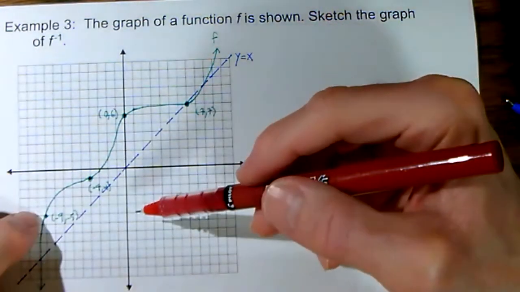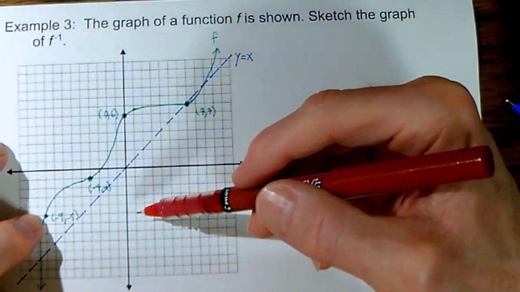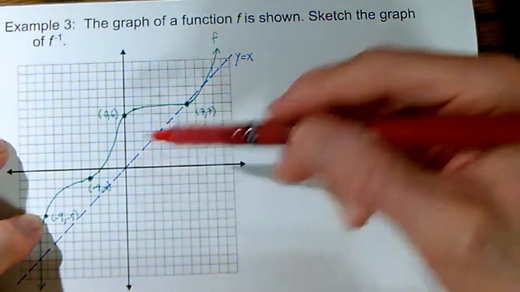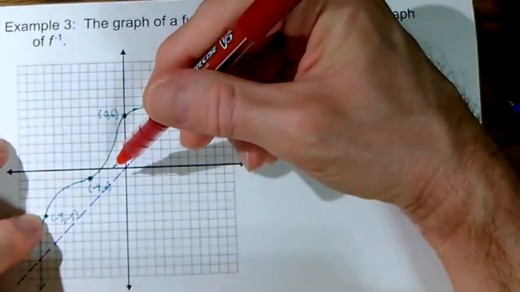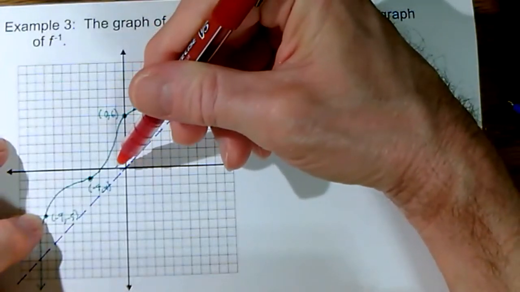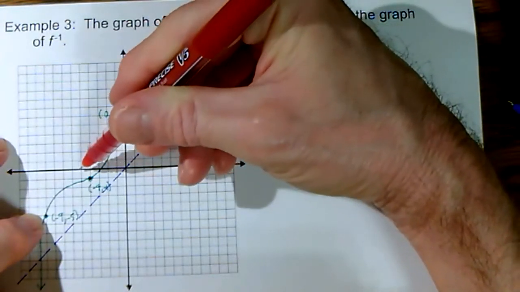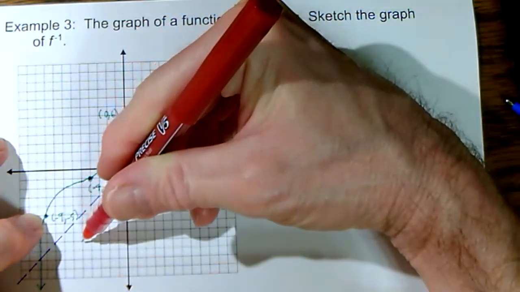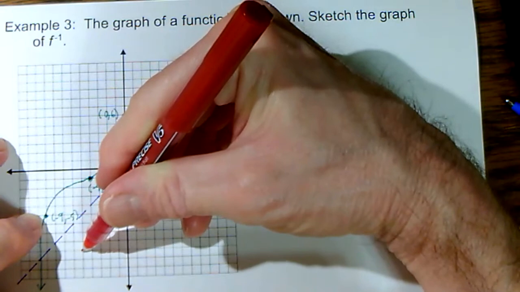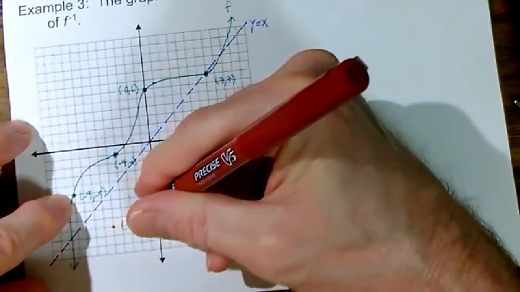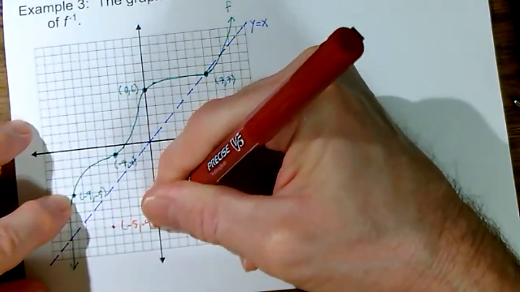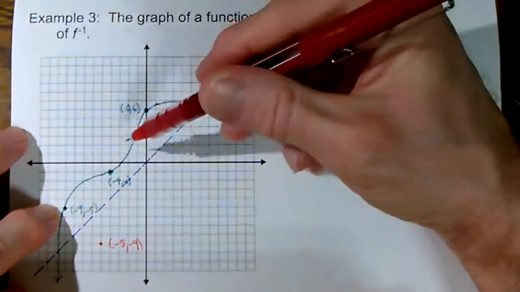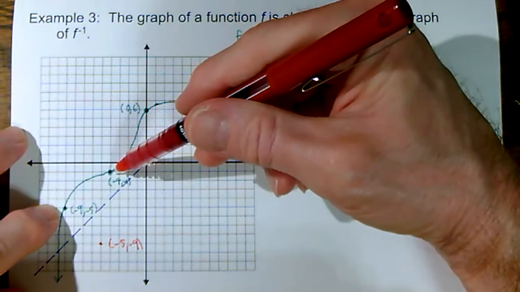Let's look at some points that we have. I have the point -9, -5. So in the inverse, I would have the reverse of that, -5, -9. 1, 2, 3, 4, 5. 1, 2, 3, 4, 5, 6, 7, 8, 9. -5, -9, right there. In the original graph, I have -4, -1.